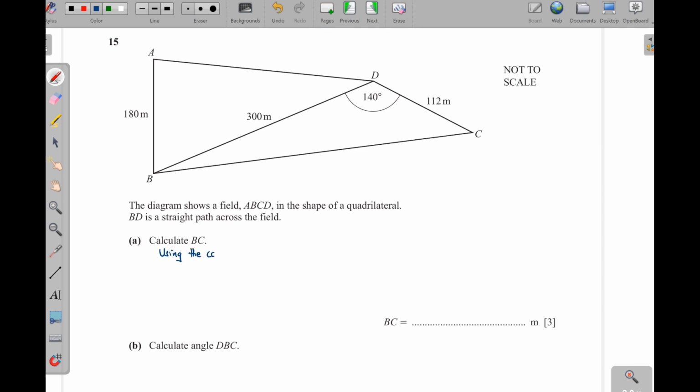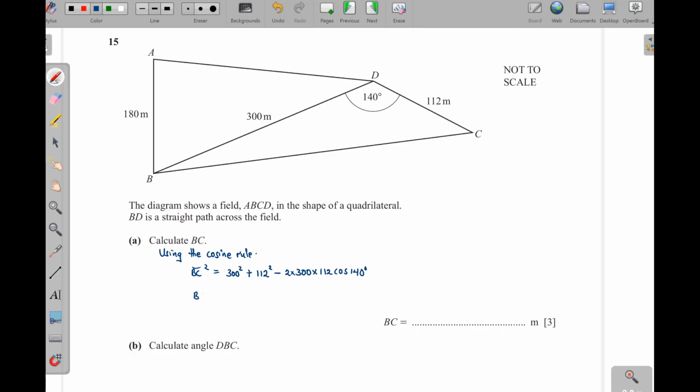Okay, so using the cosine rule, then BC squared is equal to this squared plus this squared minus 2 times this, then cosine of that. Okay, so we shall have 300 squared, then plus 112 squared minus 2 times 300 times 112, then the cosine of 140.